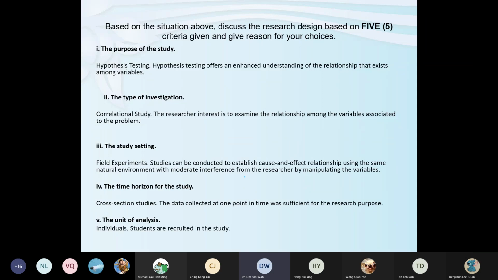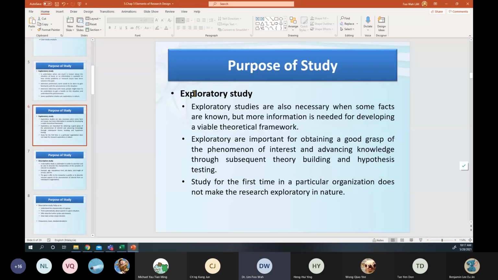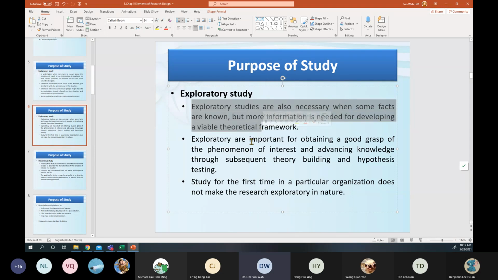If you know how to answer these 5 questions, then I don't need to worry about you. Make sure you know how to answer the purpose of study, type of investigation, study setting, time horizons, and unit of analysis. According to these chapters, you must understand what an exploratory study is, then how to apply it to the scenario given.